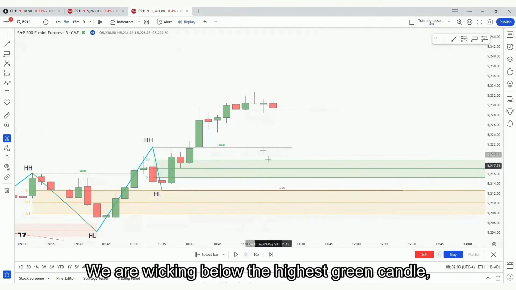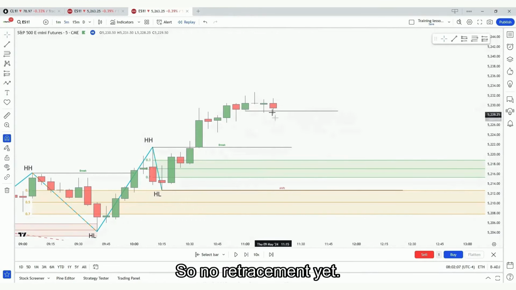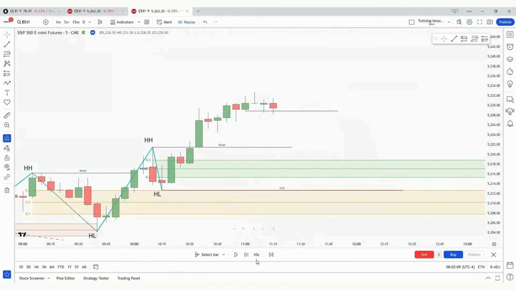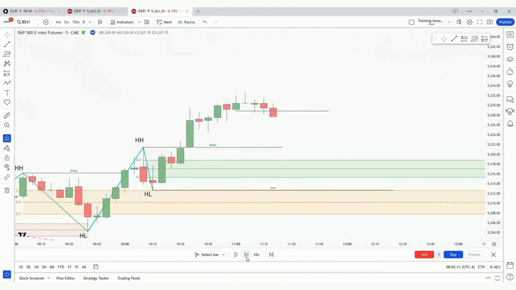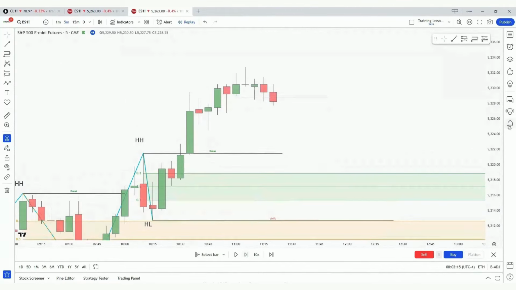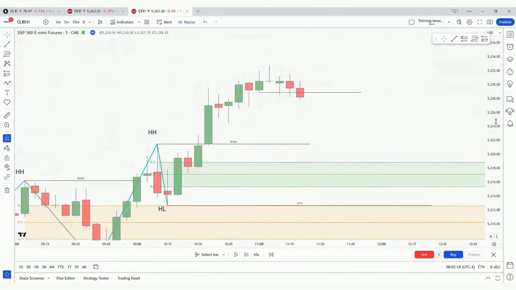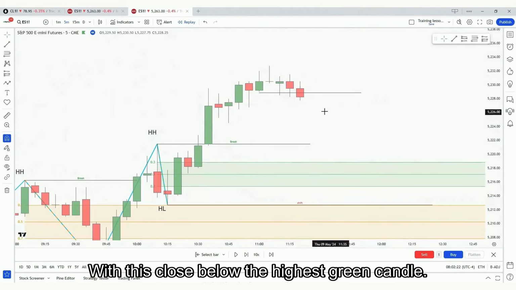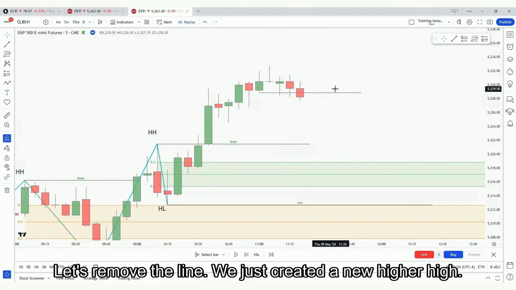We are wicking below the highest green candle, but we are not closing below, so no retracement yet. And now we have a close. With this close below the highest green candle, let's remove the line, we just created a new higher high.